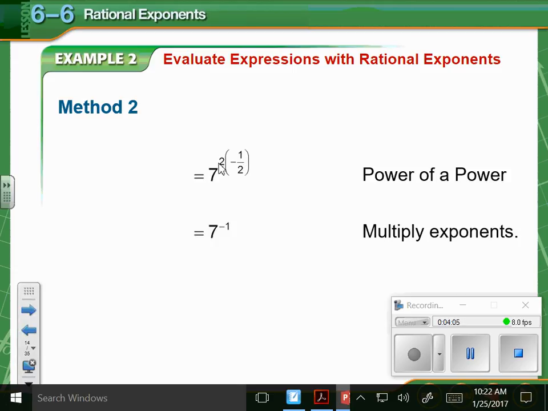And 2 times a negative 1/2 is negative 1. So we actually have 7 to the negative 1 power. Go back over: 49 we wrote as 7 squared, and the squared times the negative 1/2 exponent that was already there gave us a negative 1 exponent. And 7 to the negative 1 is 1 over 7.